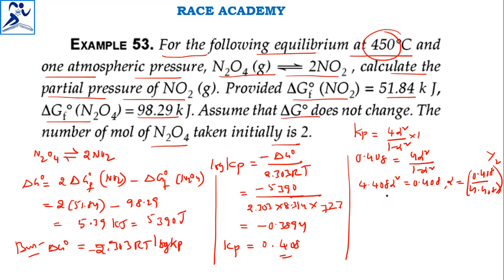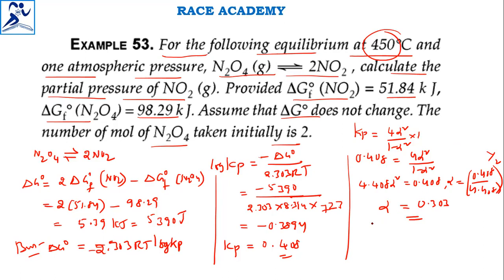Upon simplification, you get 0.303, right? Yes, that means this alpha value we got is 0.303.